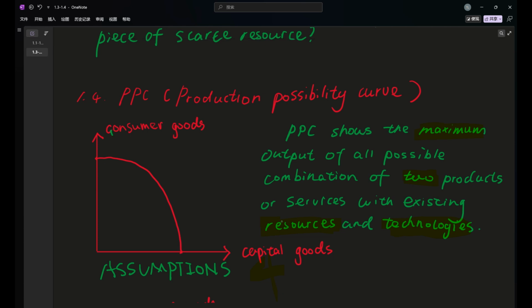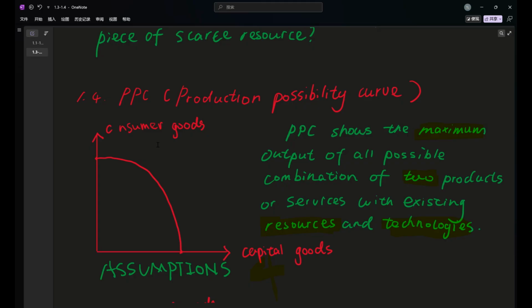Consumer goods, maybe we learned last time. It is something for entertainment, like television, like PS5, all sorts of things. Therefore, entertainment or recreation, that sort of thing. And capital goods is very different. It is something used during the production, like a computer, like a machine.